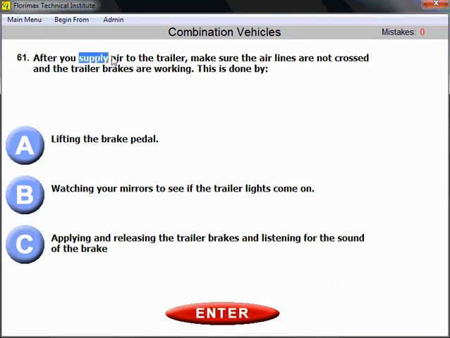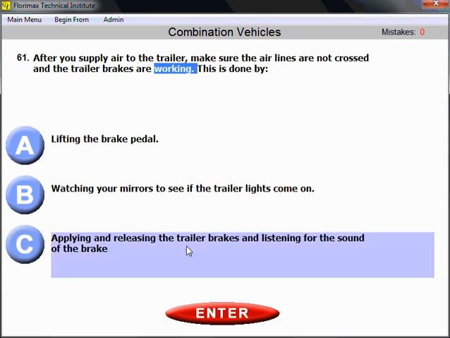Question number 61. After you supply air to the trailer, make sure the air lines are not crossed and the trailer brakes are working. This is done by applying and releasing the trailer brakes and listening for the sound of the brakes. And by the way, this is what you use your hand valve for.